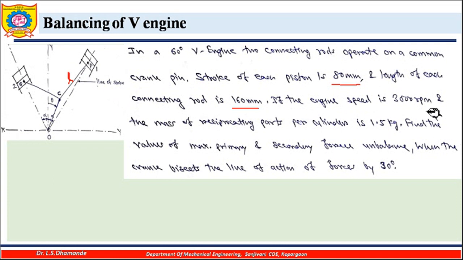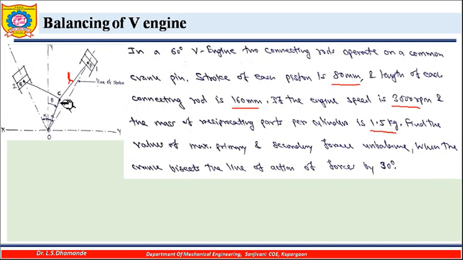If the engine speed is 3000 rpm and the mass of reciprocating parts per cylinder is 1.5 kg, so small m is 1.5 kg and the rpm is 3000 rpm. Find the values of the primary maximum and secondary force unbalance when the crank bisects the line of action of forces by 30 degree.